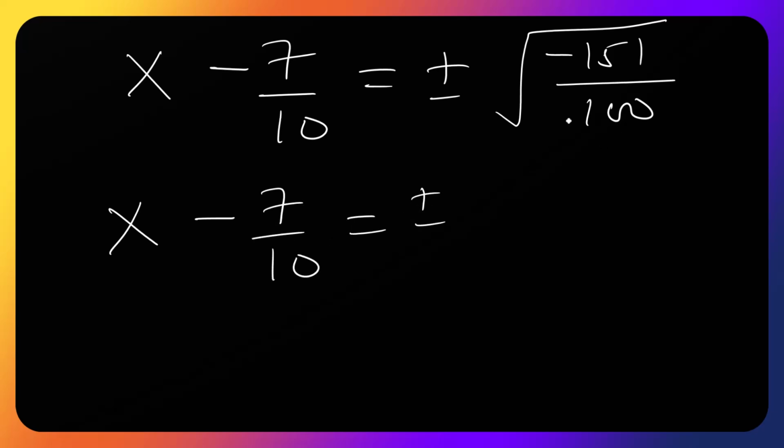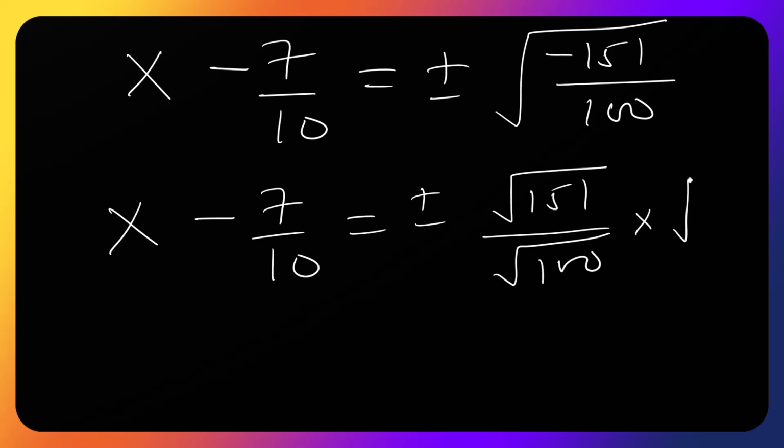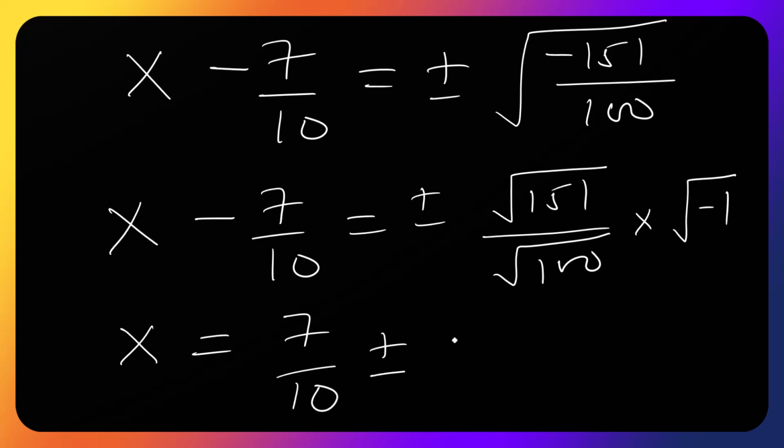So let's write this as square root of 151 over square root of 100, times square root of -1. So x will be 7/10 plus or minus, this side will be √151 over, this one is a perfect square, 10. And from complex numbers, this one will be i. So we have i here.